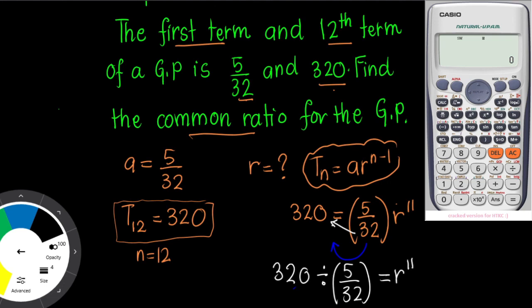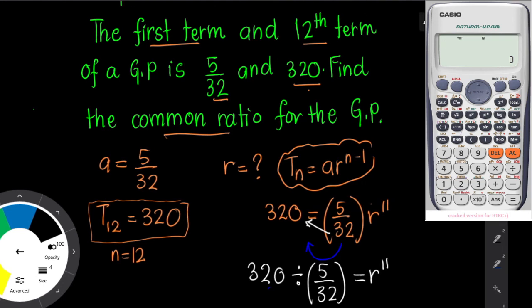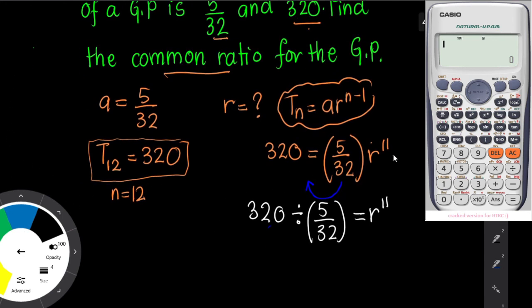It's just that teacher prefers this way. So it's up to you. If you're comfortable with that, go ahead. So now let's divide. Here we're going to use our calculator. 320 divided by 5 over 32 gives 2048.